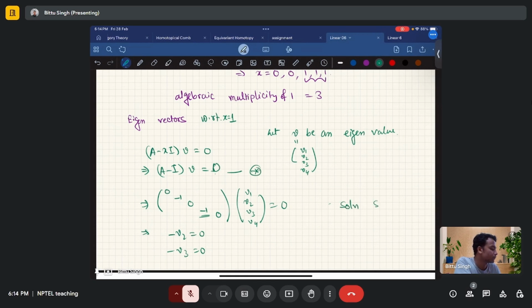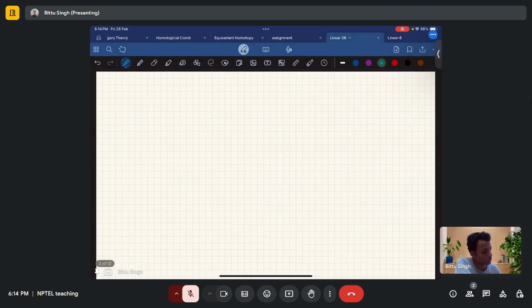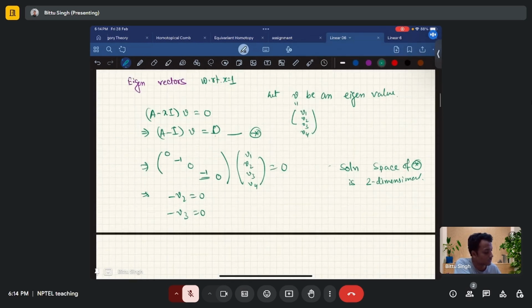The solution space of star is two-dimensional, right?